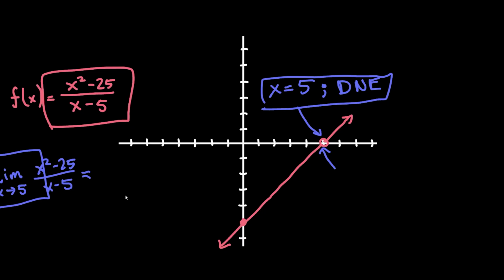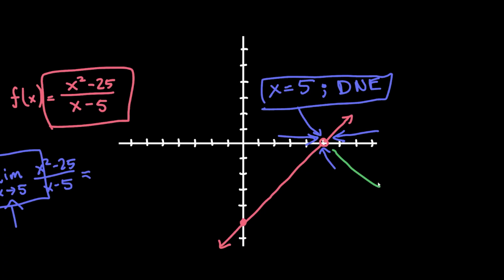Why? Because instead of saying what does y equal, what we're asking is what does y equal as x approaches 5. This is the key word. We're not looking for x equals 5. We're looking for x approaches 5. Very different concepts. So I would just ask this for you. What does it look like as x approaches 5 from either side? What does it look like our y value is approaching?